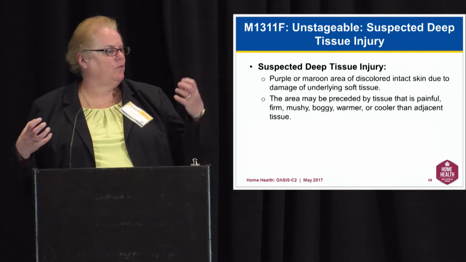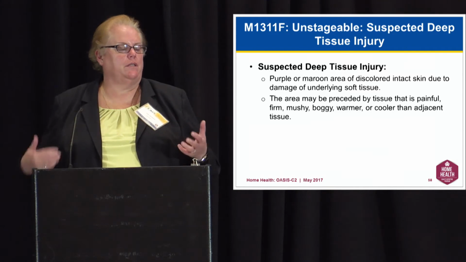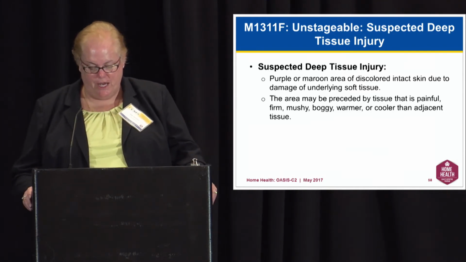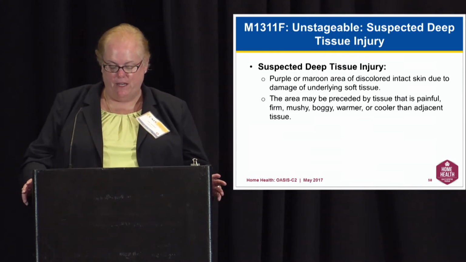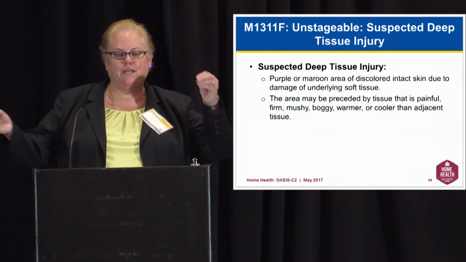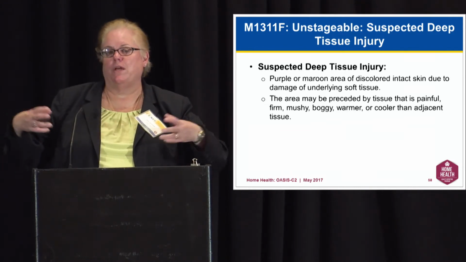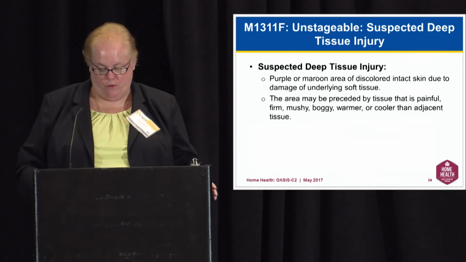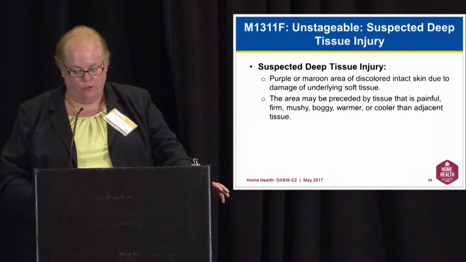So you get that deep maroon color on the heels, but you can have this in other places in the body where there's pressure. And the area may be preceded by tissue that is painful, firm, mushy, boggy. So it could be mushy, it could be boggy, or it could be firm. So you have to use your best judgment on what you're dealing with here. The surrounding tissue could be warm or cooler.